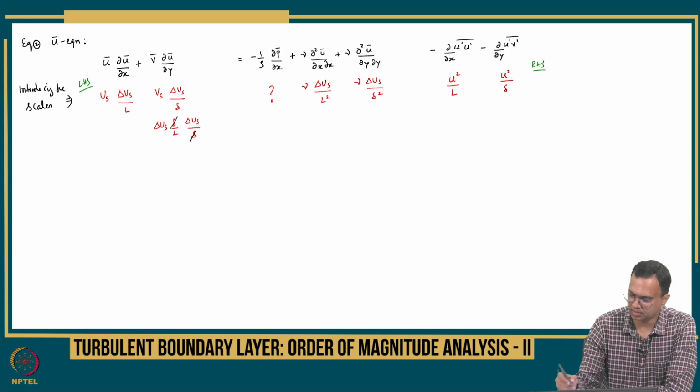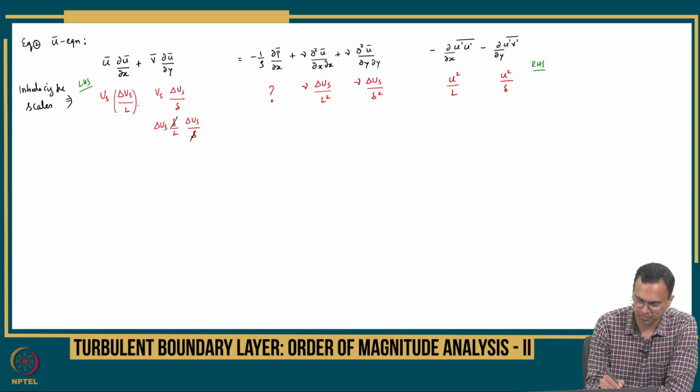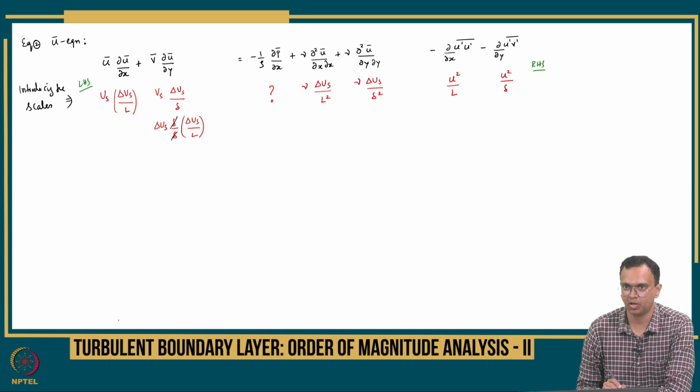So if I compare between the two terms here, this is Us delta Us by L, right, and this is delta Us by L. Okay, I rewrite this like this. So you see, which is the smallest term on the left hand side? The first term, oh sorry, the largest term I am talking about. The second term is the smallest one.